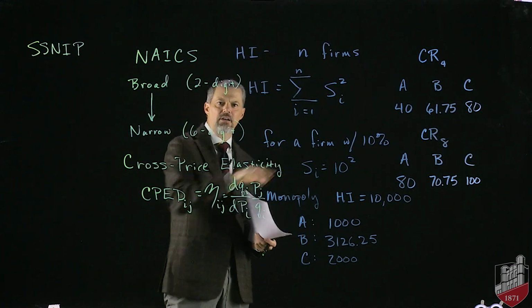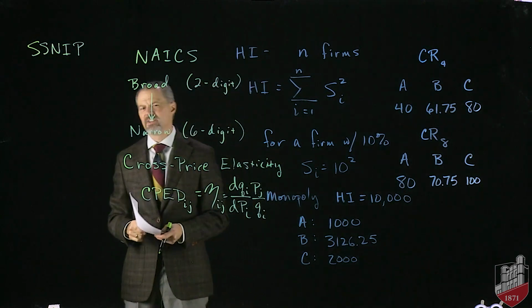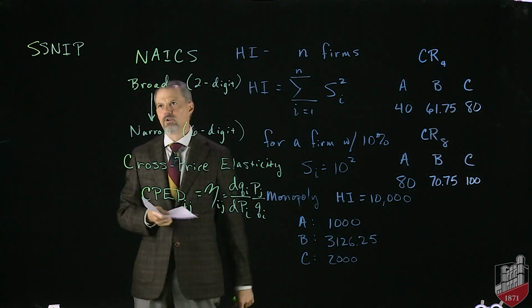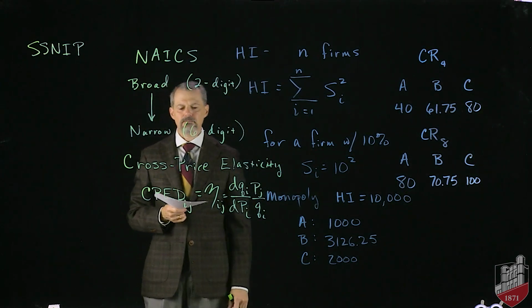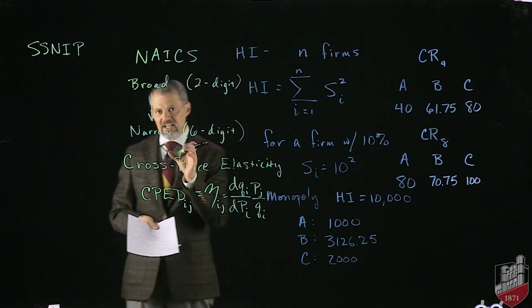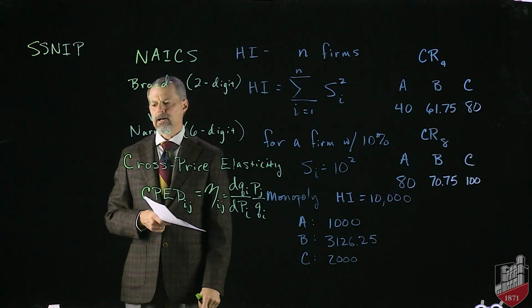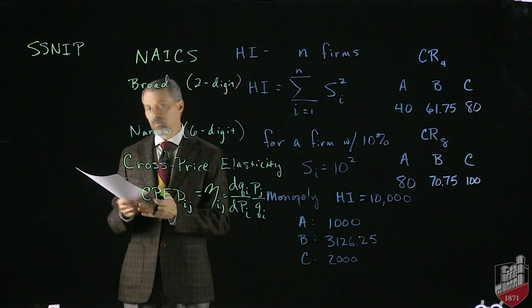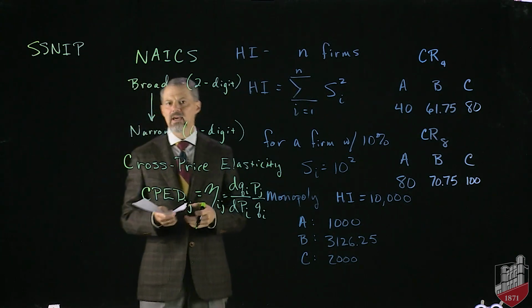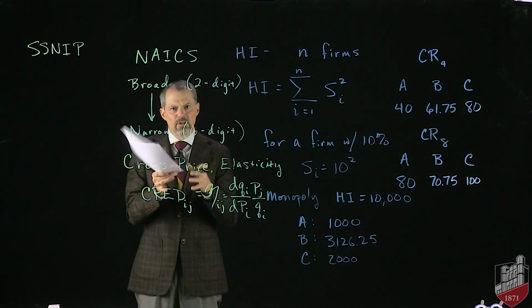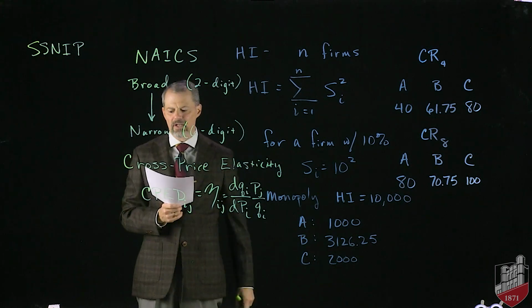They've moved on to grocery stores that sell other stuff, a broader range of products. And again, if they can profitably raise the price by 5% for a year, that means that the customers stick with it. They don't substitute away.